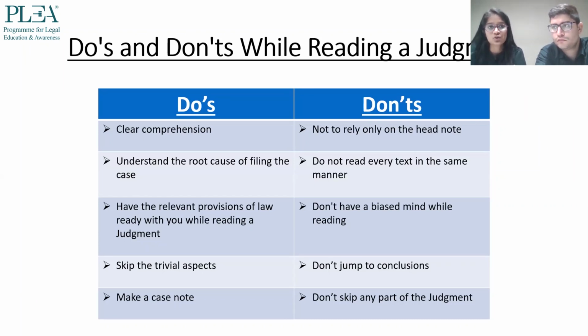But this does not mean that there cannot be any later judgments which are passed by the Supreme Court itself. Therefore, to have an overall understanding of the judgment, you have to read from the first para till the last paragraph, and you have to see how the judge has arrived at the conclusion that he's arrived at.